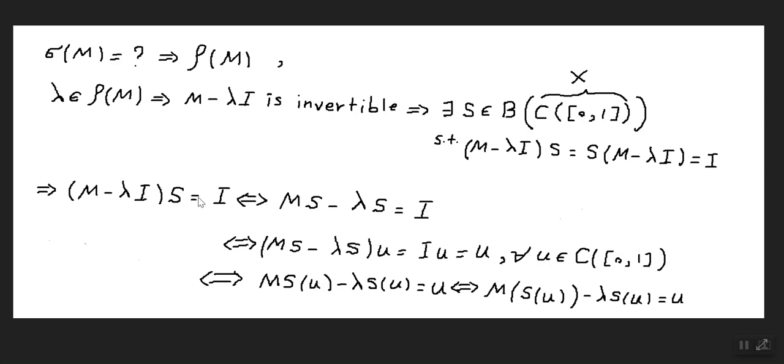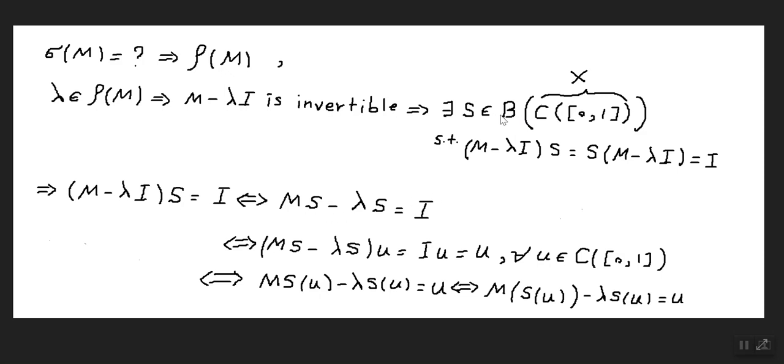So this equals MS minus lambda IS, but IS equals S. So we have MS minus lambda S equals I. Here is the composition of I and S. Now what we have, MS minus lambda S, belongs to B of X, and I also. So it means left and right are two bounded linear operators, elements of B of X.